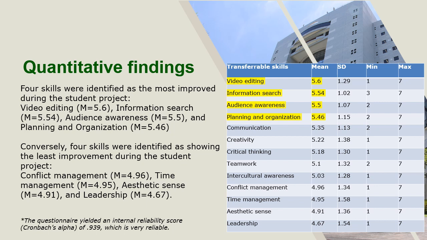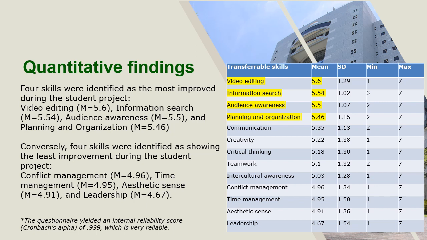Now let's move on to the findings. First, in terms of quantitative findings, students perceive that they developed a lot of technical skills in terms of multimodal videos, such as video editing, information search, audience awareness, and planning and organization. Conversely, there are some people skills that they identify as the least improved as a result of this assessment, such as conflict management and leadership.